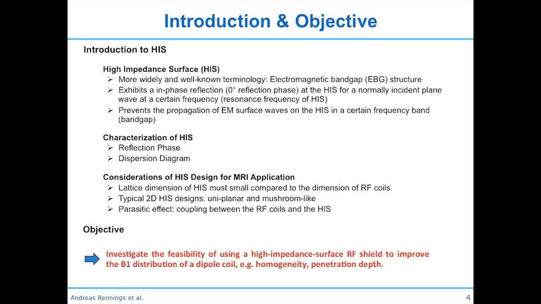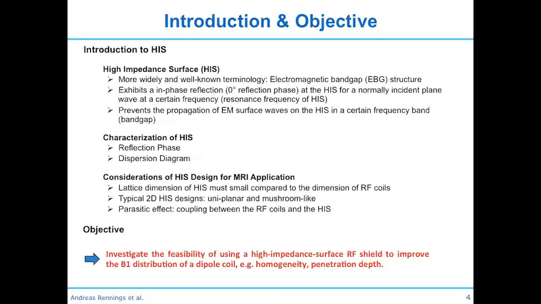And here you have considerations of this HIS design for the MRI application. One thing is important: the lattice dimension, so the unit cell of this periodic structure, must be a lot smaller than the dimension of the RF coil in order that you get an artificial homogeneous surface behavior.